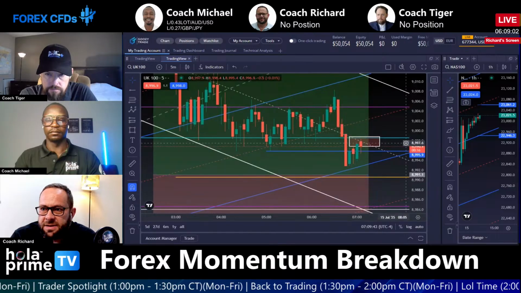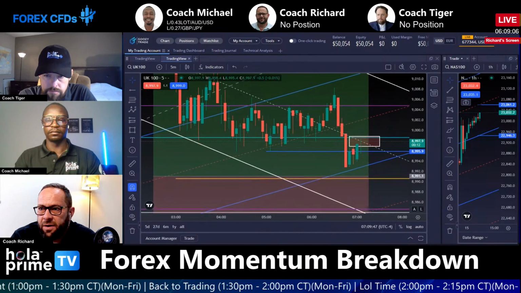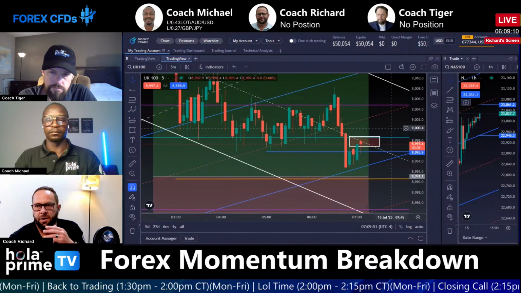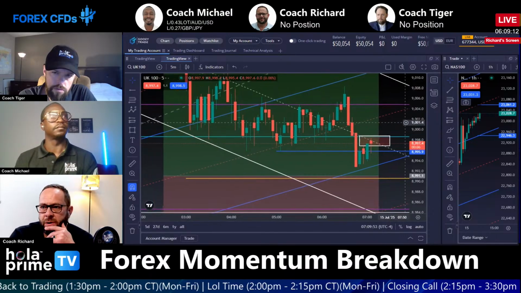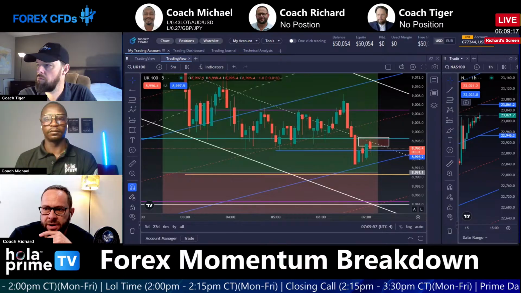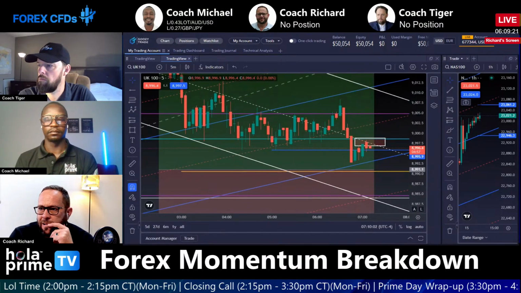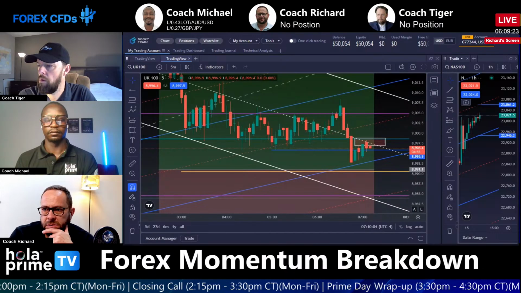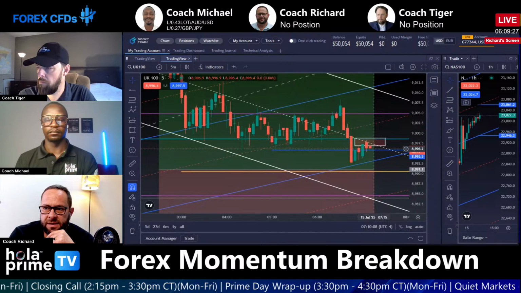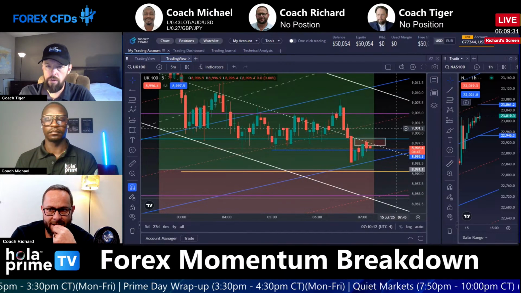So rather than just executing, I want to see a break and close above this bearish fair value gap, and then I'm going to pretty much hit a market order, I would say. It's still within that area I want to trade. Stop's pretty wide. We just got a new candle that opened. Again, this could just be a little zigzag and then a continuation lower.